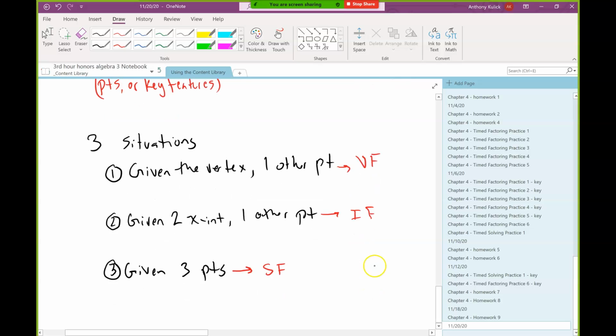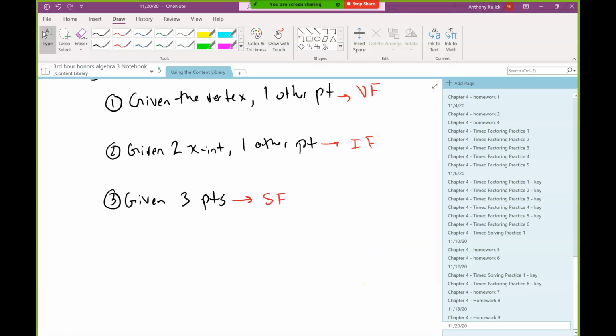Okay. So let's go ahead and do some examples. So in this first example, we're given a vertex and some other point.